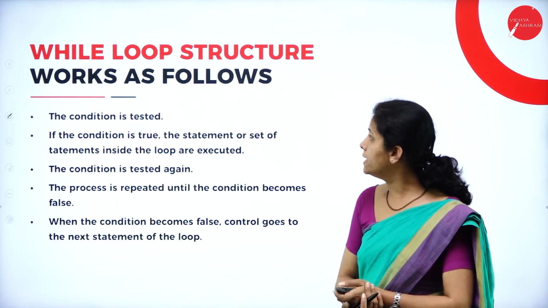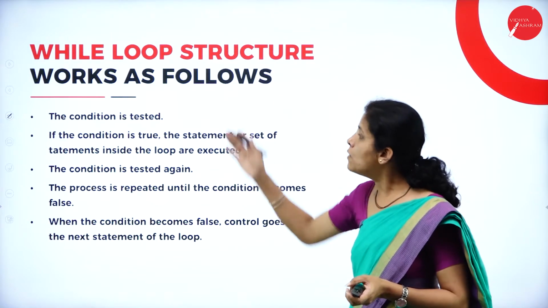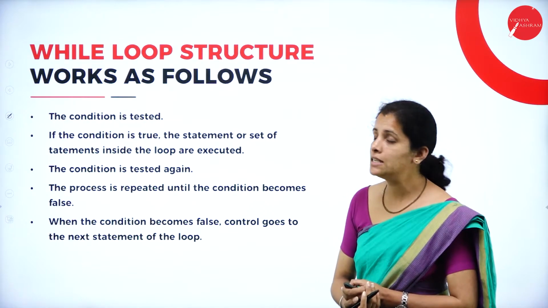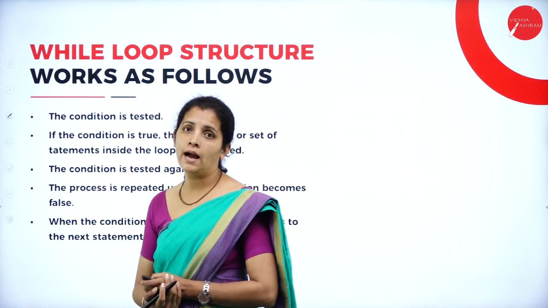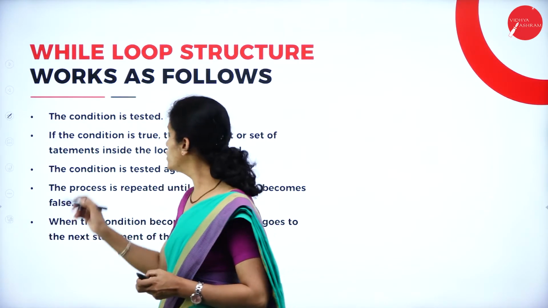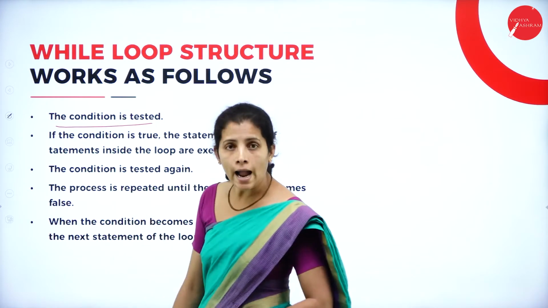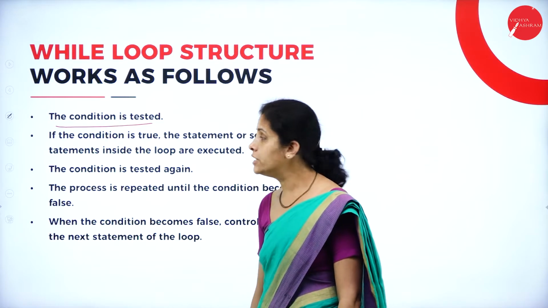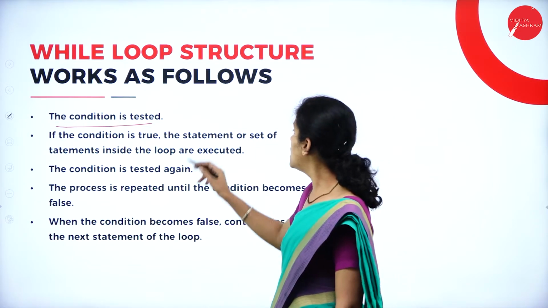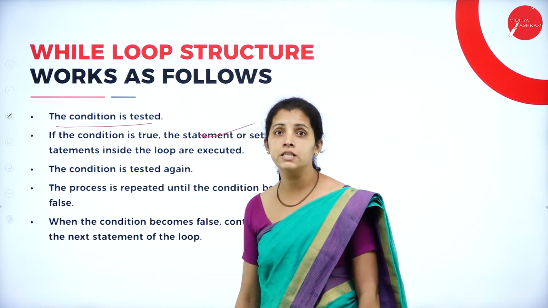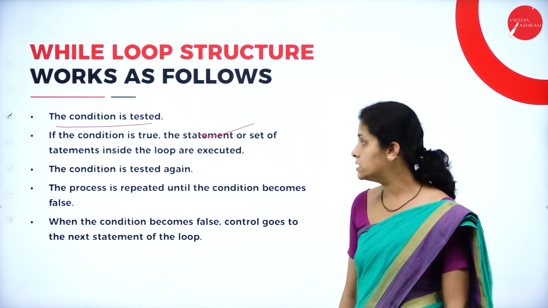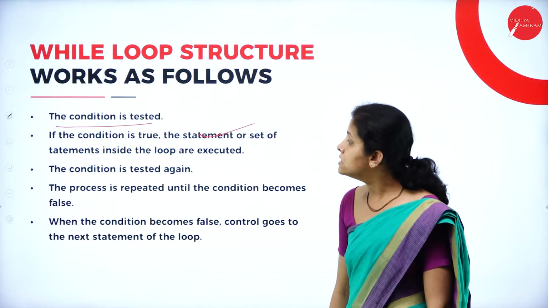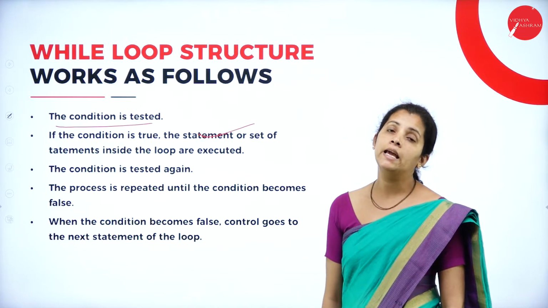Now, dear student, let's see how this while condition is going to work. At the beginning itself, I'm going to test the condition. If the given condition is true, then the set of statements present inside the loop are going to execute, and this condition is tested again and again.